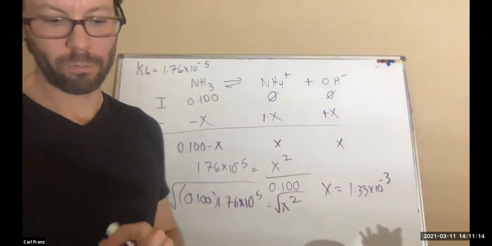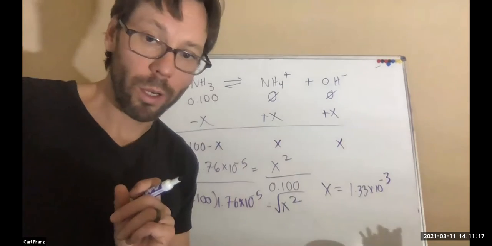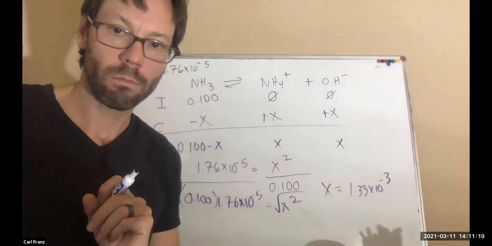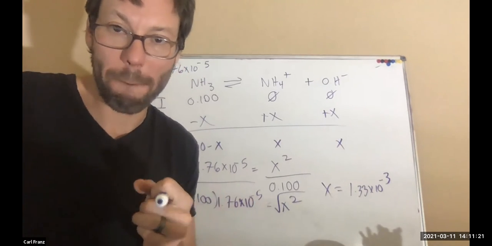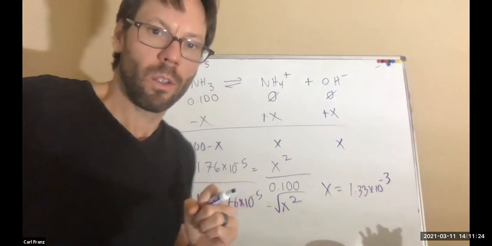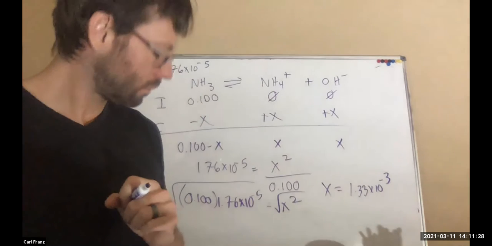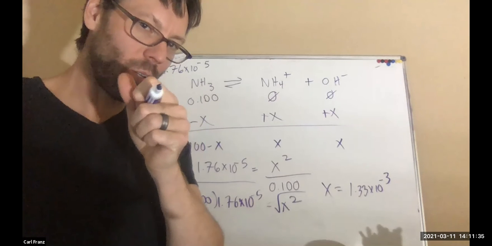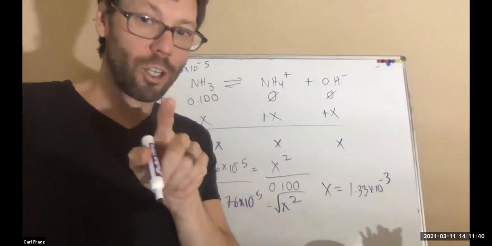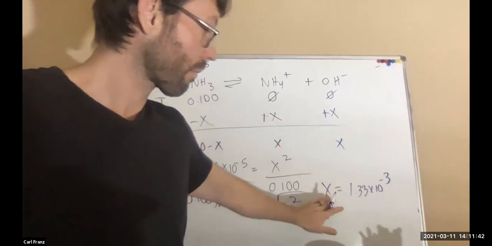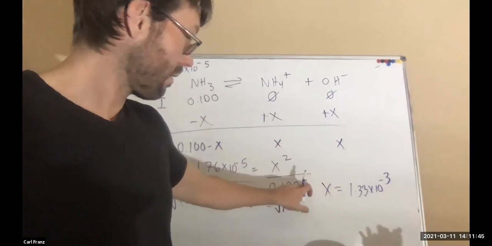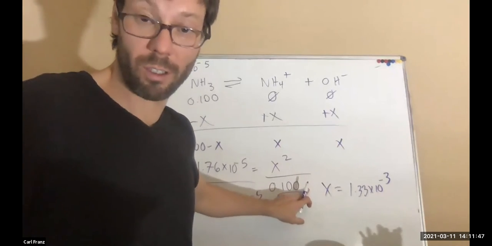Okay. Now what do we do? We've got our x, right? What's the next step? Plug it into the E on the table. Almost. But before we do that, we want to make sure to check that this small x assumption is correct.